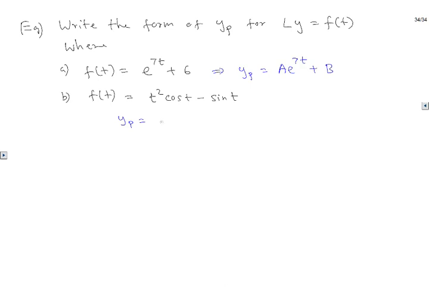So what you can do is say a t squared plus b t plus c, and then you also notice that cosine and sine have the same number inside, which is 1. So that means you can combine both of them into 1. You don't need the coefficient for one of them because it's already included, so you can just write cosine t plus the other one, you need only one of them. It doesn't matter which one you put, just put one of them, and it's going to take care of both.